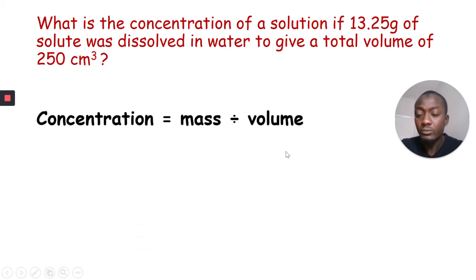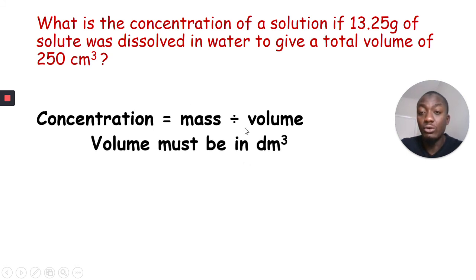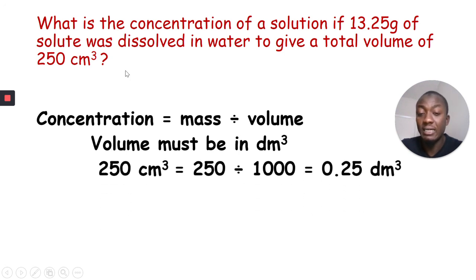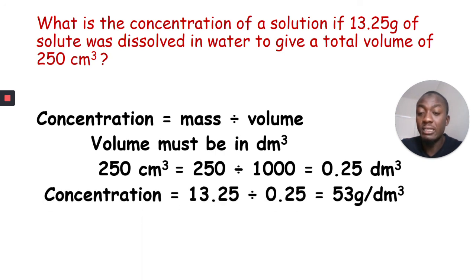First off, you should know the concentration is mass divided by volume, which is what you've been asked to calculate. Your volume must be converted, and cm cube is the larger number. Remember, we want to go to the smaller number, so you divide by 1000 to give you 0.25 dm cube. Now put that in the equation: 13.25 divided by 0.25 gives you 53 grams per dm cube.